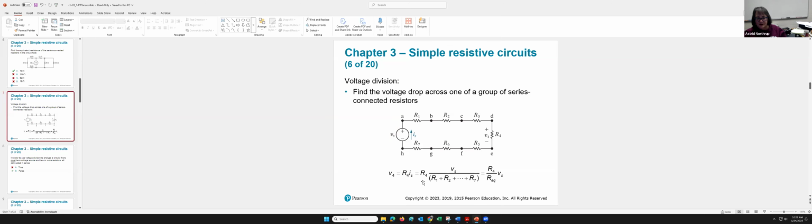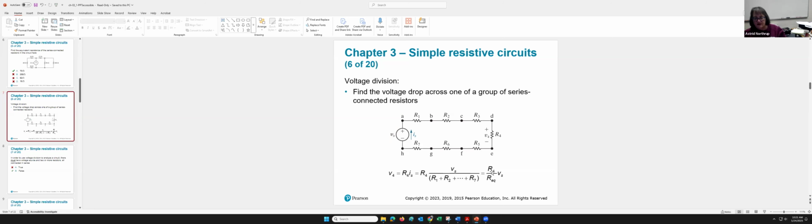Basically, if you take the current source and multiply it by that resistor, this is an expression for the voltage source. Because voltage is equal to current times resistance: V is equal to IR. Therefore, I is equal to V over R. This is the equivalent voltage.